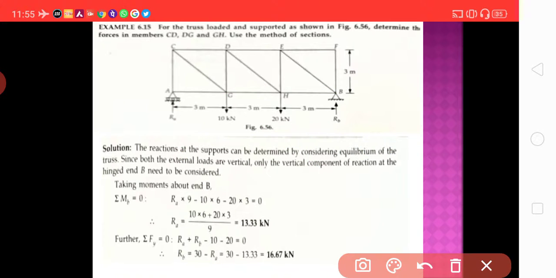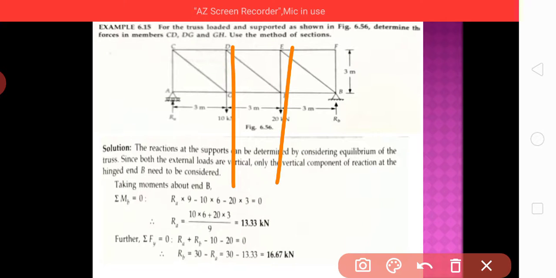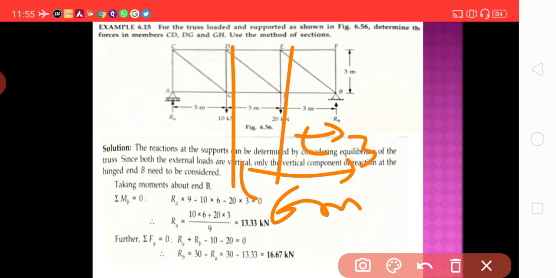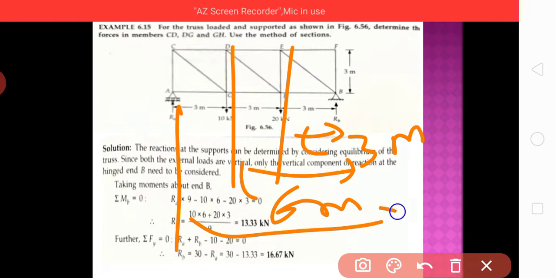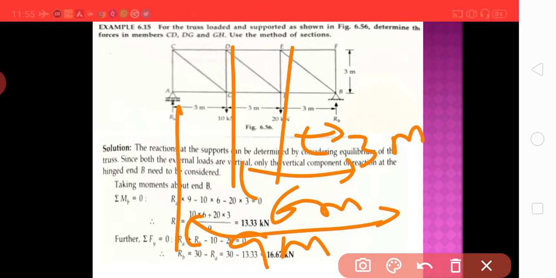Similarly, this line of action, and this one. This 20 kilonewton is 3 meter away from the moment center, this is 6 meter, and this is 9 meter.